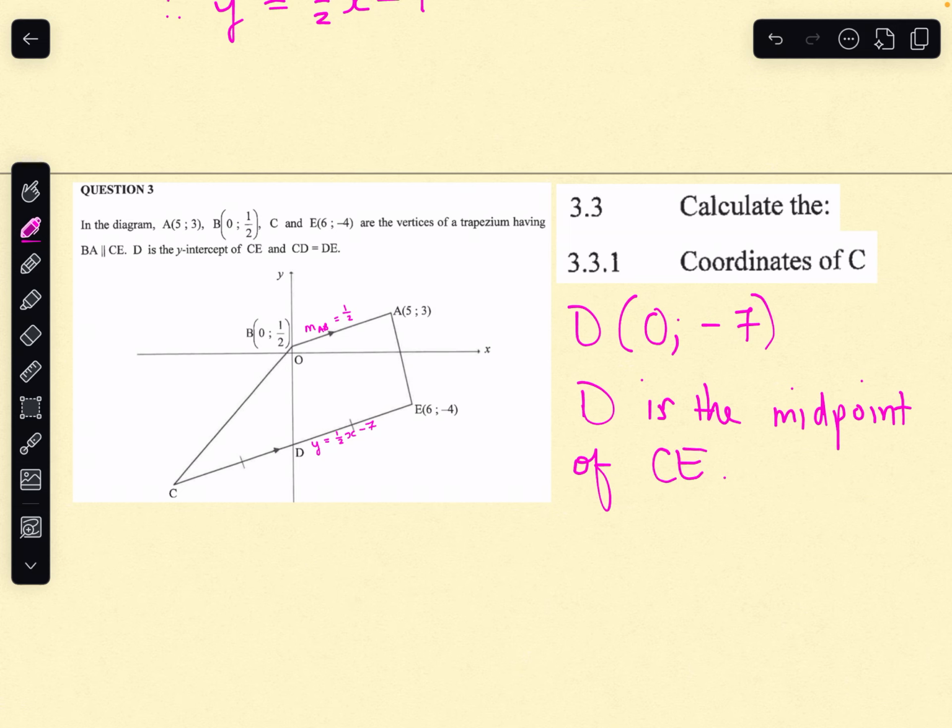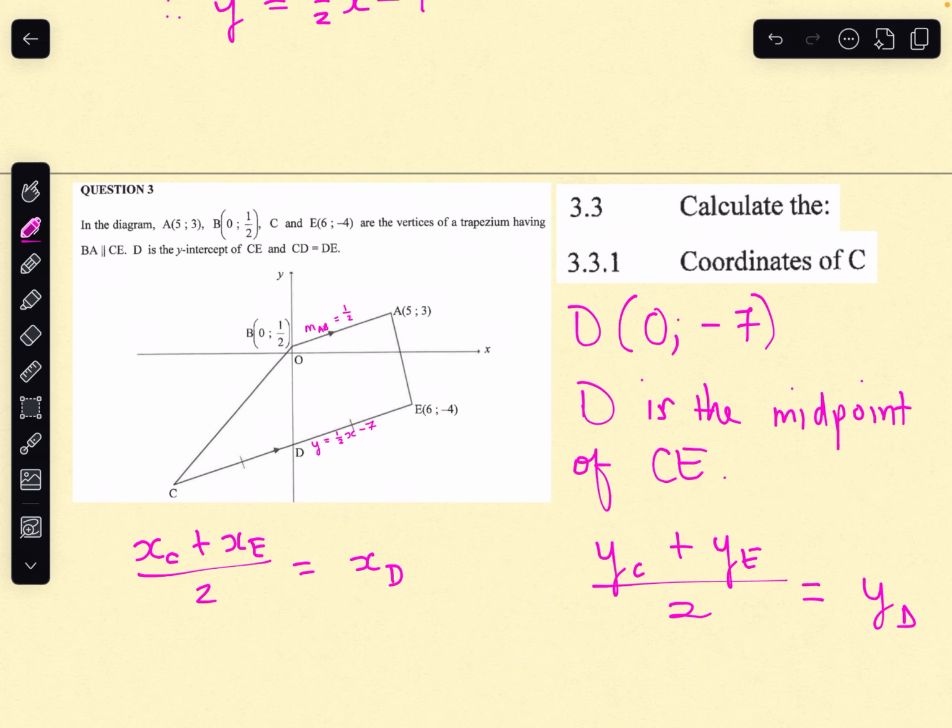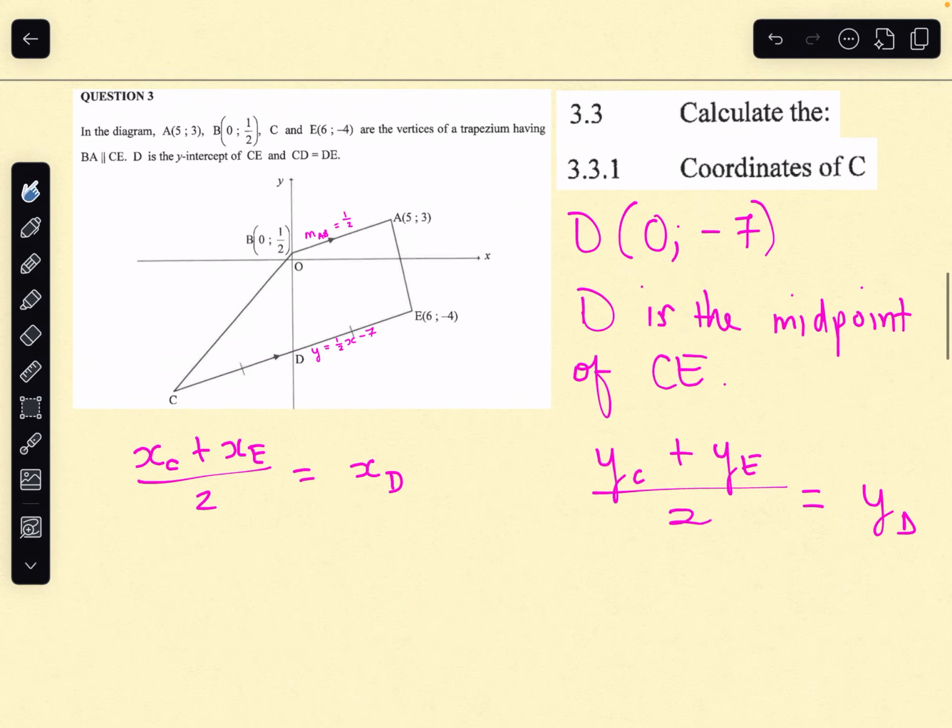And so therefore the x-coordinate of C plus the x-coordinate of E divided by 2 is equal to the x-coordinate of D, and similarly the y-coordinate of C plus the y-coordinate of E over 2 is equal to the y-coordinate of D. So let's put in the values that we know. The x-coordinate of C is what we don't know. The x-coordinate of E is 6. And the x-coordinate of D is 0.